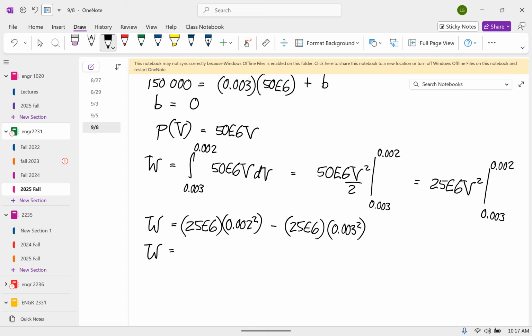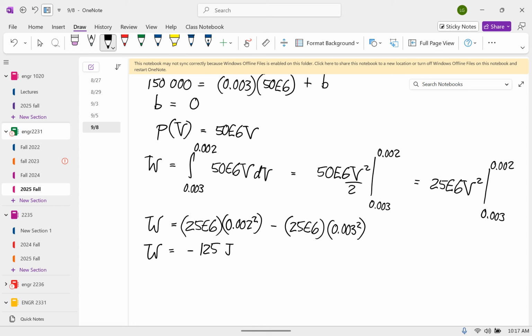Negative 125 joules. Say it again. Negative 125 joules. 125 joules? That's so little. I mean, okay. We're multiplying by a tiny thing squared, so let's go with that.